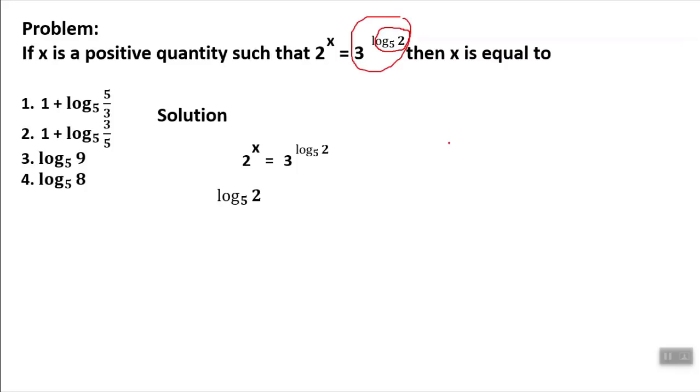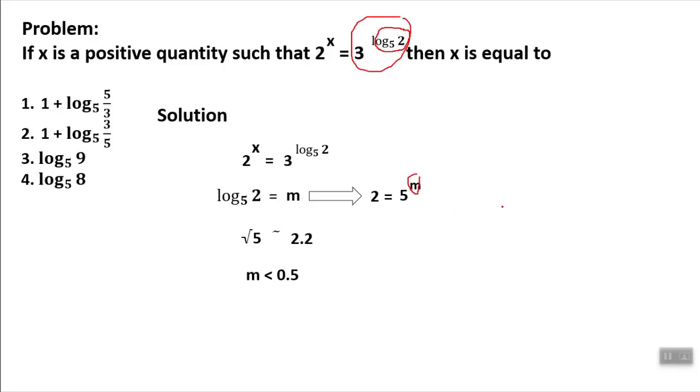2 is less than 5, so obviously this value is less than 1. We have some idea about the square root of 5. Square root of 5 is approximately 2.2 or slightly more than 2.2. So we can say that this exponent here must be slightly less than 0.5.